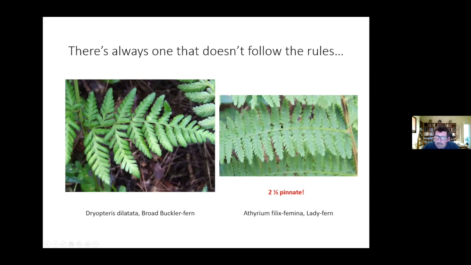So that might be a pinnulet, but those aren't. So it's sort of what some people call 2.5 times pinnate. Okay? So this is where our rules that we impose on this start to break down. So this is either 2 pinnate or 3 pinnate or 2.5 pinnate. So I hope you can see the difference between those two.